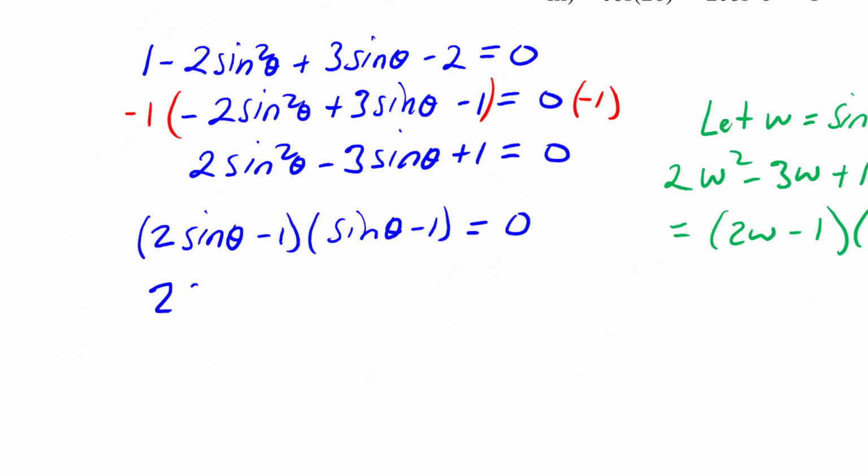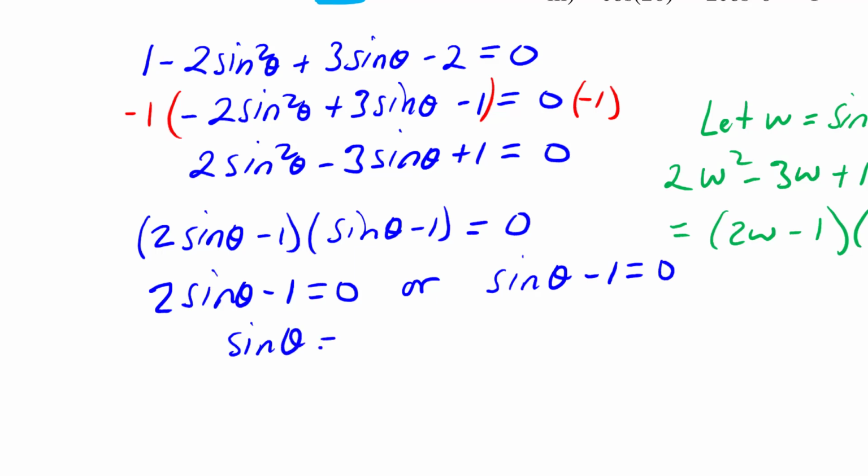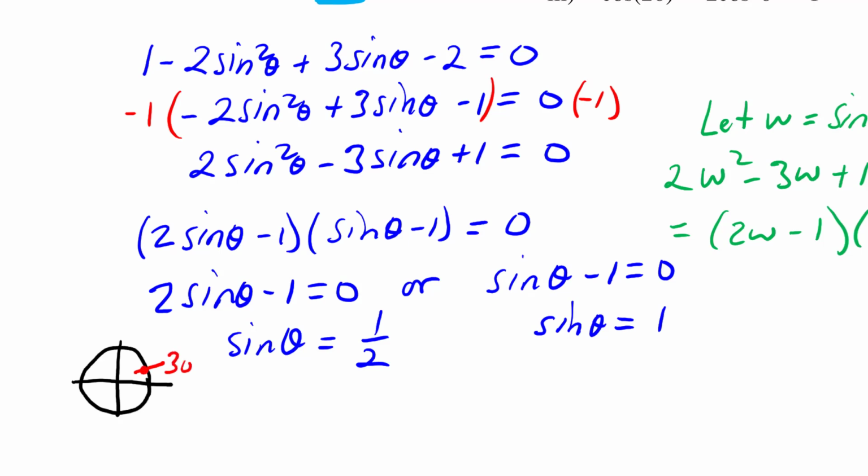So we can set each factor equal to 0. In the first equation, we'll add 1 and divide by 2. Sine theta equals 1/2. In the second equation, we'll add 1. Sine theta equals 1. Referring to our unit circle, sine theta is 1/2 at 30 degrees and 150 degrees.